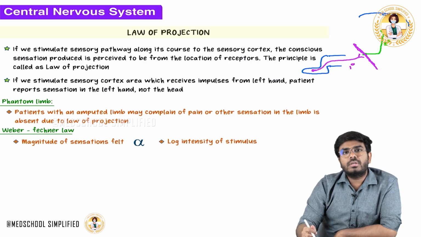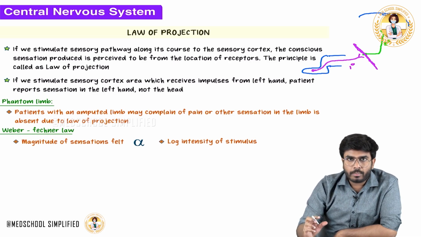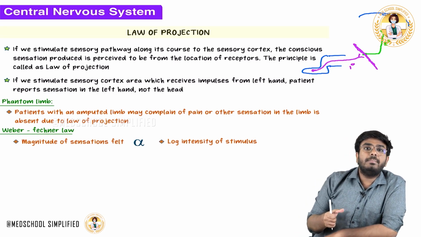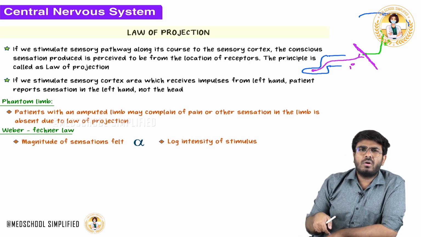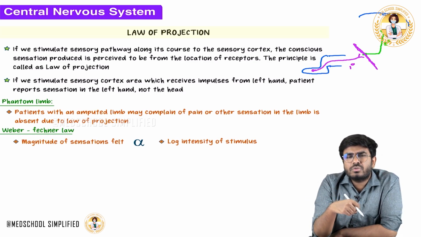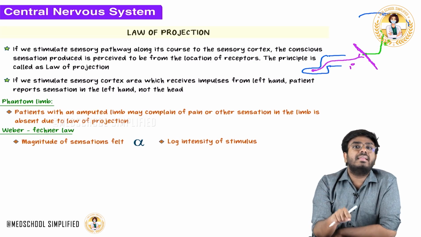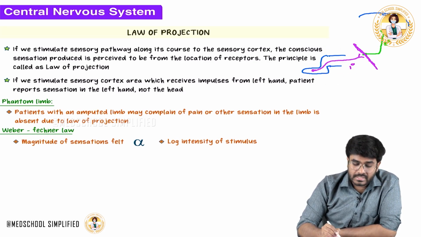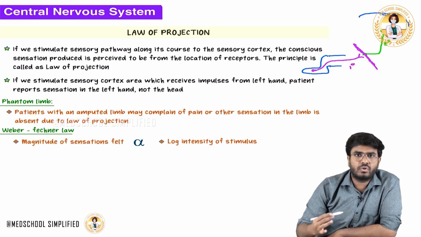He is not having his foot, his big toe is not there, but he will say that someone is touching my big toe. You might think this patient has a psychiatric issue. No, actually he is feeling that. Of course we know there is no lower limb. He lost his thigh, leg and foot.